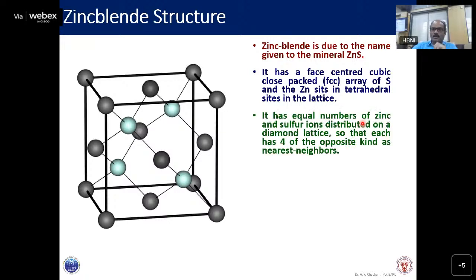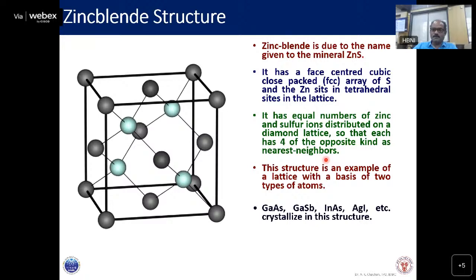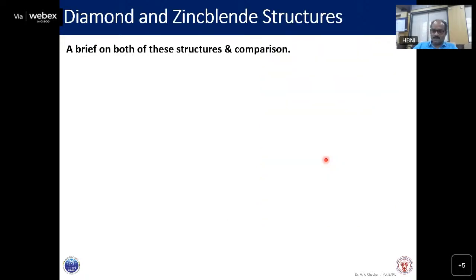So it has an equal number of zinc and sulfur ions distributed in the same way as diamond, so that each has four of the opposite kind as nearest neighbors. This structure is an example of a lattice with a basis of two types of atoms: gallium arsenide, gallium antimonide, indium arsenide, silver iodide, etc. All these crystallize in this structure.